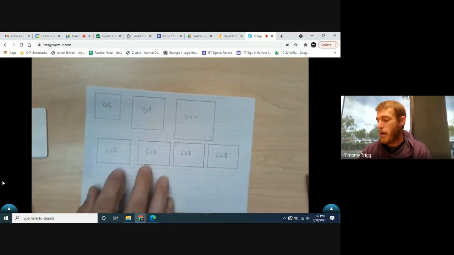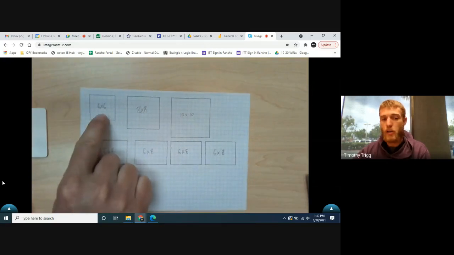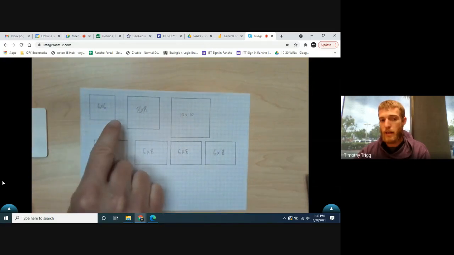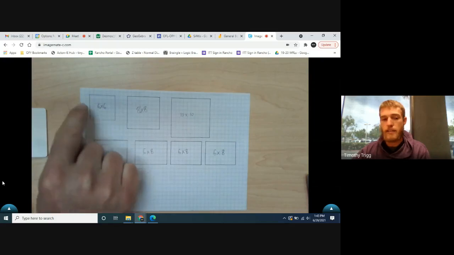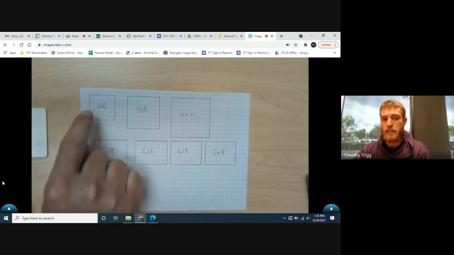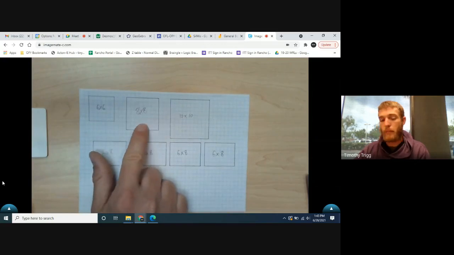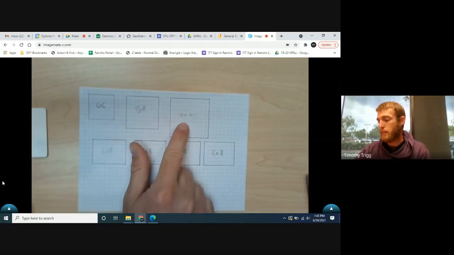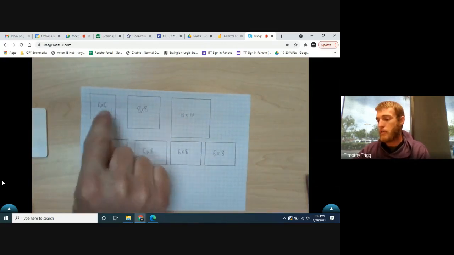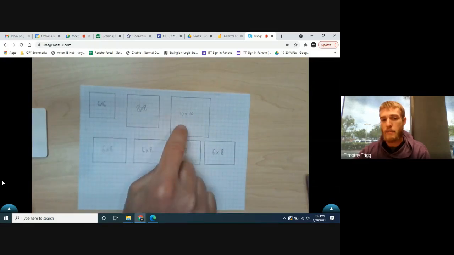A 6 by 6 square, so it's 6 long and 6 tall. Then an 8 by 8 square and a 10 by 10 square.